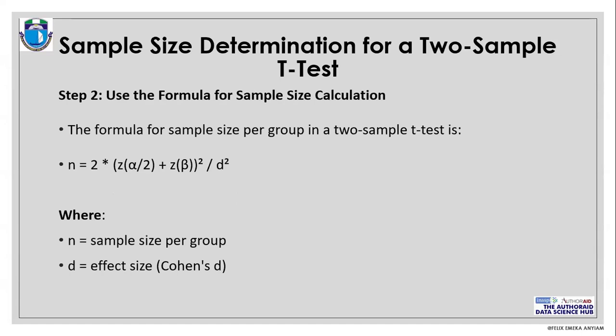So now use the formula for the sample size. This is the formula: 2 times (Z alpha over 2 plus Z beta) squared, divided by d squared. The d squared is the effect size, and we're using 0.5.